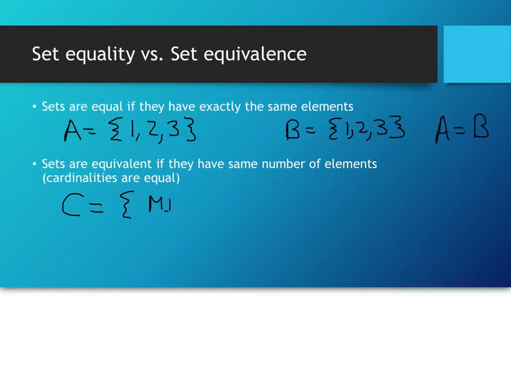Let's call it Michigan, Illinois, Ohio. All right? So set C is a set of states. Now, the cardinality of A is equal to the cardinality of C. However, the sets themselves are not equal.